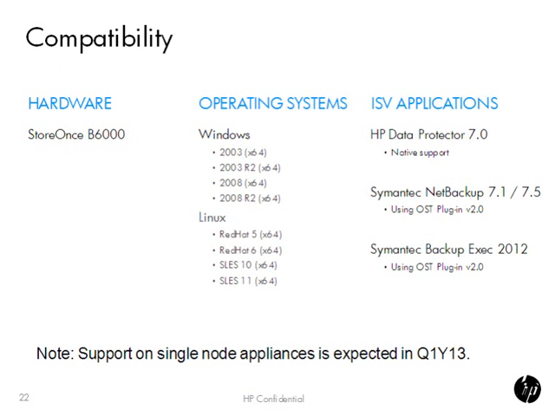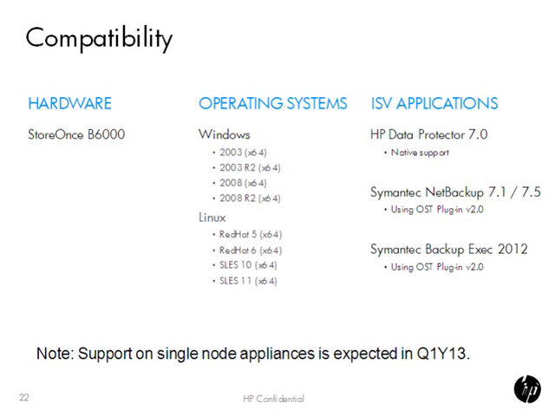And before we go into the GUI, let's very briefly talk about compatibility. So right now, hardware-wise, we'll be launching StoreOnce Catalyst with the B6200. So it's the StoreOnce B6000 series, and the operating systems that we'll be supporting for the media server installations. So this is where you configure your media server, not necessarily your master server or your cell manager.